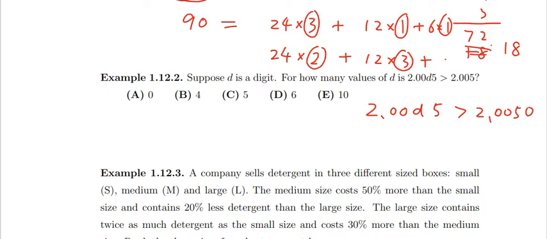So this D should be at least 5, right? So D can be 5, 6, 7, 8, 9. So we have five possible values for D.